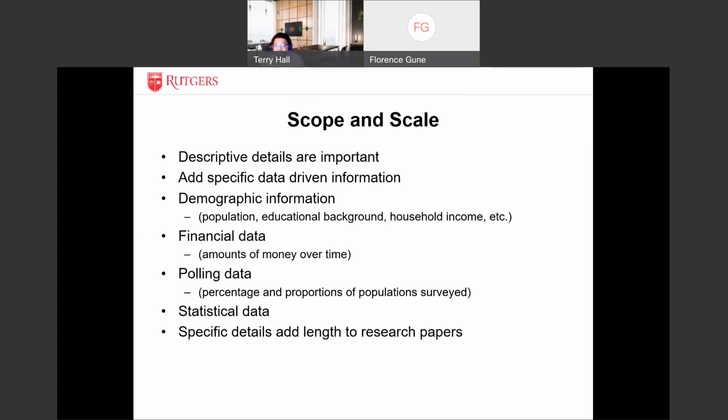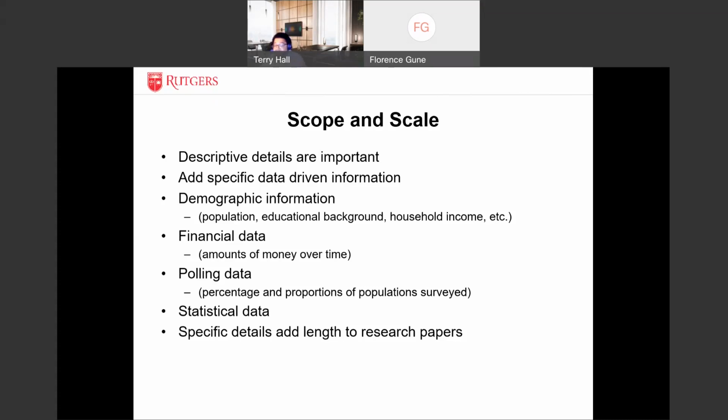Financial data is usually an important element, and making sure that it's in the correct currency type if it's international is always appreciated. Polling data, including percentages and proportions of population surveyed from any given poll that is well recognized, is usually going to be a great way to add analysis to your work and gain another angle that may not come just from the straight information from an organization.